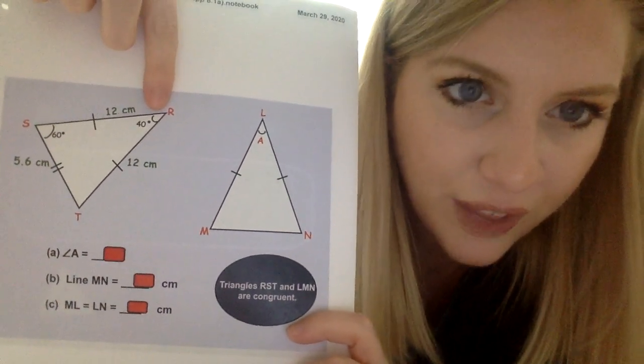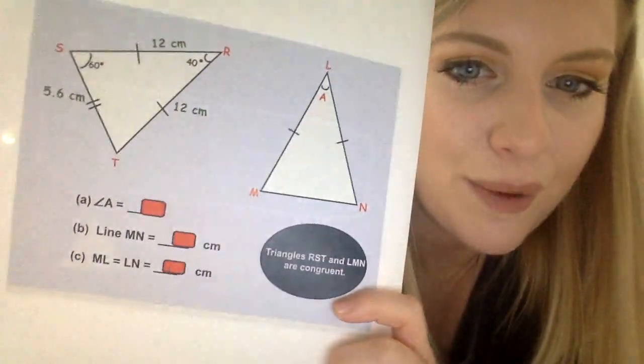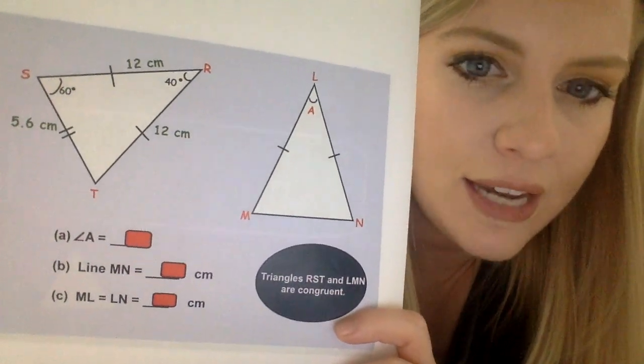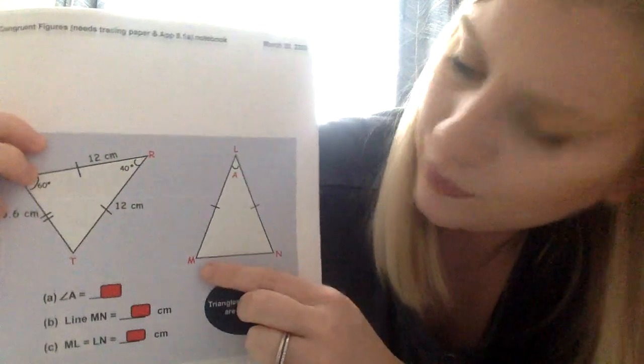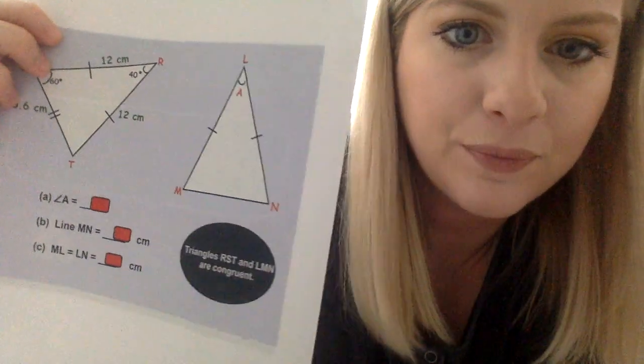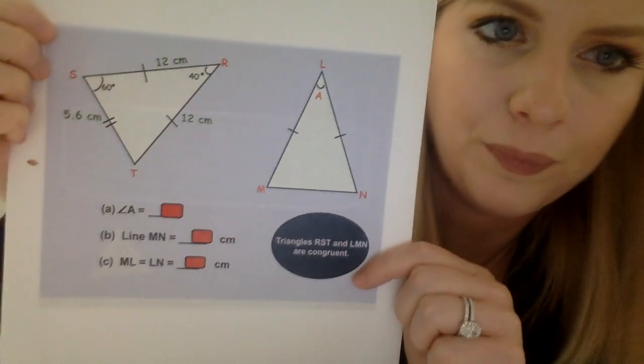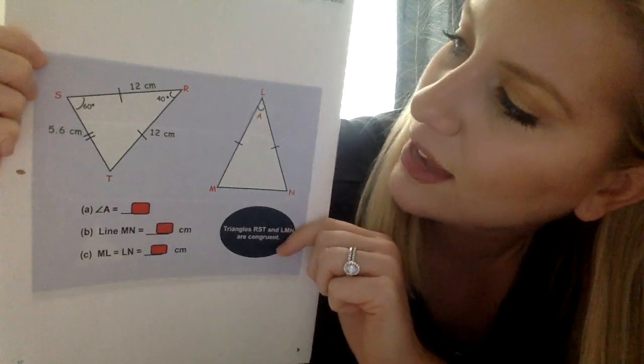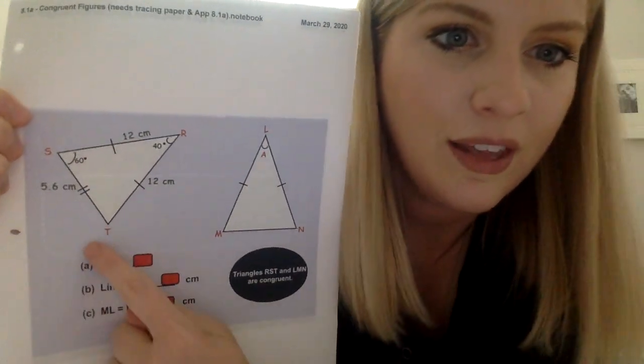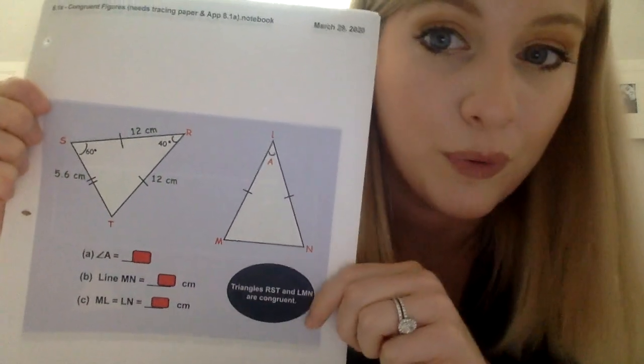Very good if you got that correct. Letter B. Line MN is congruent to line ST. And I will write the answers in a bit.